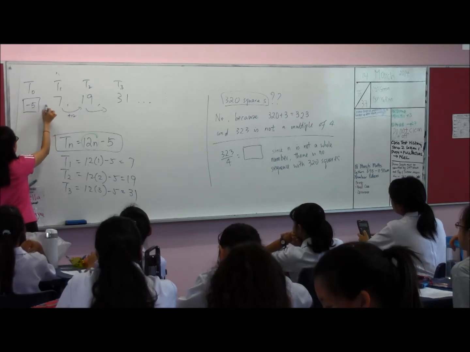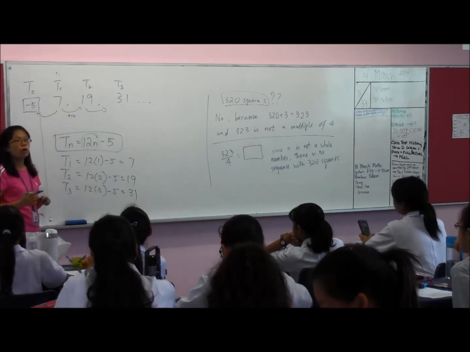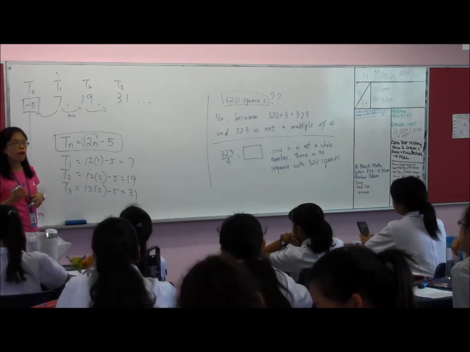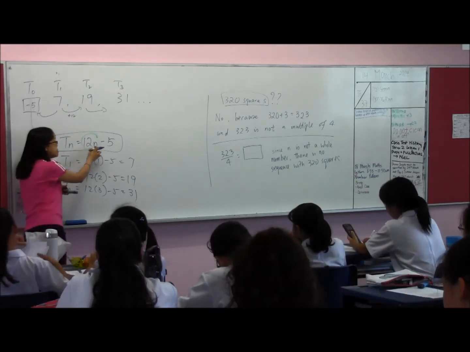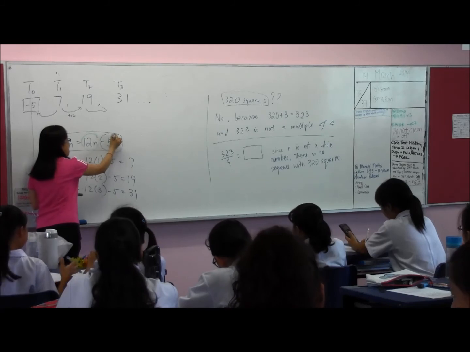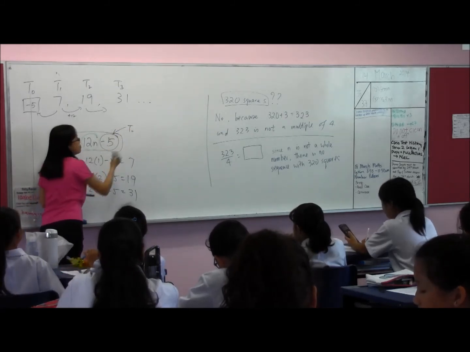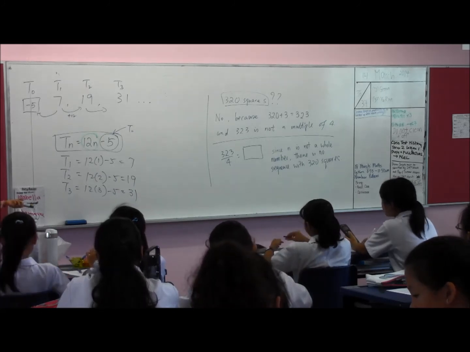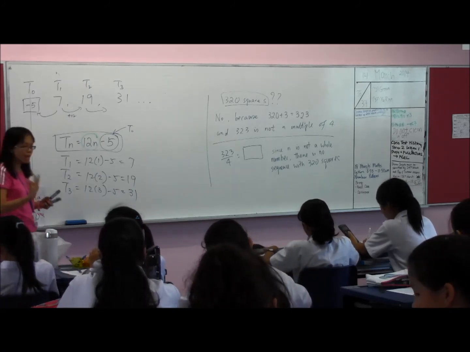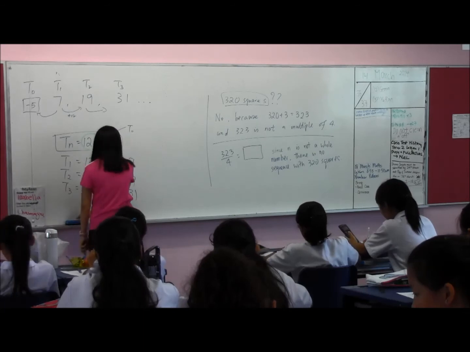It is minus 5. So a very easy way to find your Tn is to find the common difference times n, and this number behind is actually your T0. You can copy down somewhere, then you can test it out. I give you a sequence, then you test this and see whether you understand.